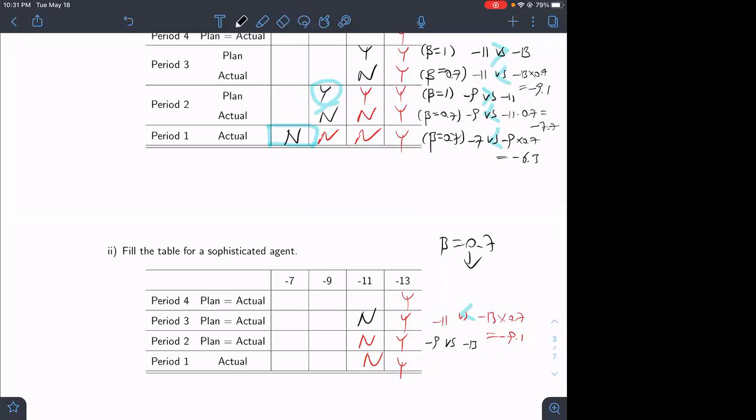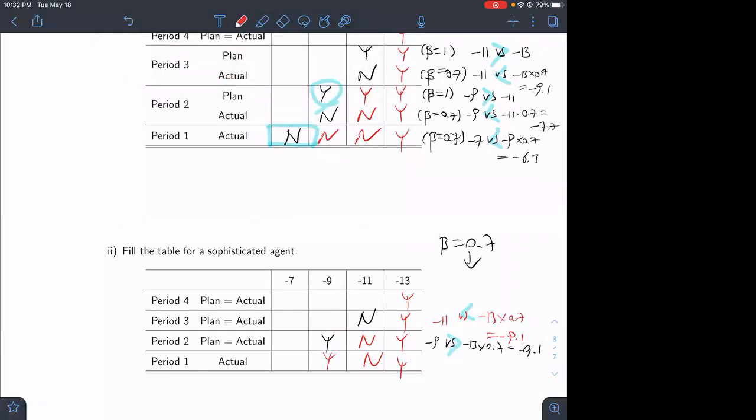So he's correctly thinking that, yes, I'm not going to go to the dentist in period 3. So my actual pain is -13 times 0.7, which is -9.1, I guess. So this number is larger. So I might rather go to the dentist this week or this period. So let me put yes for this one.